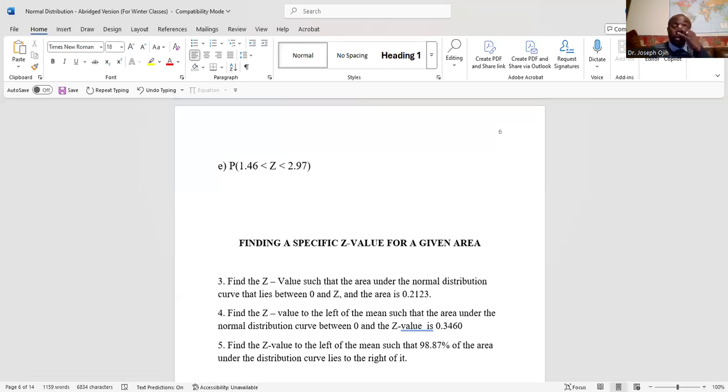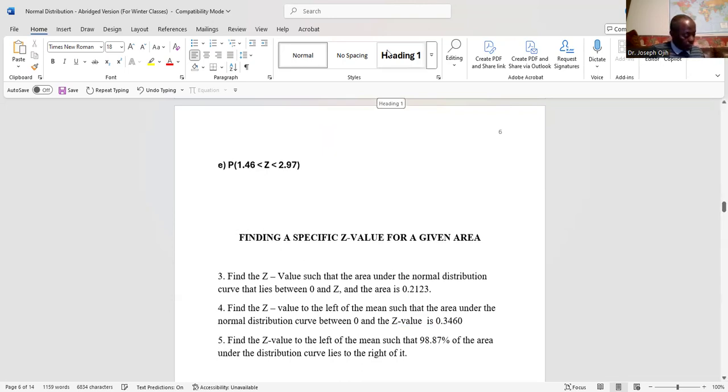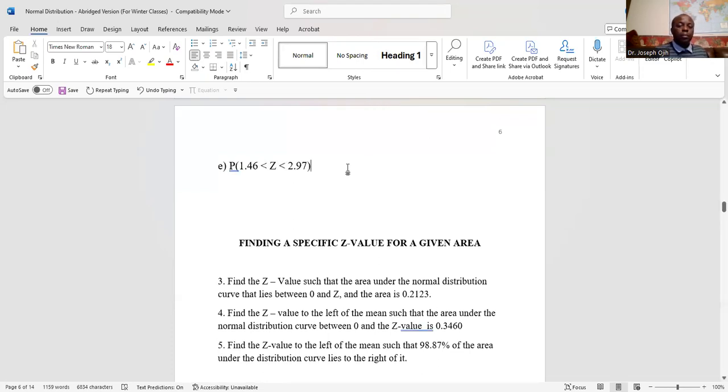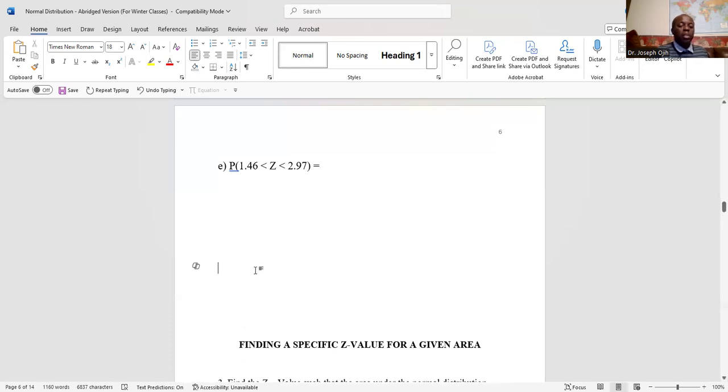We're looking for this probability right here. You don't know what it is, so we're gonna again make a chart.